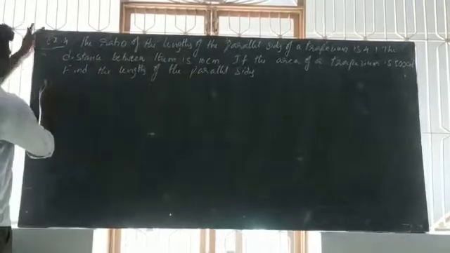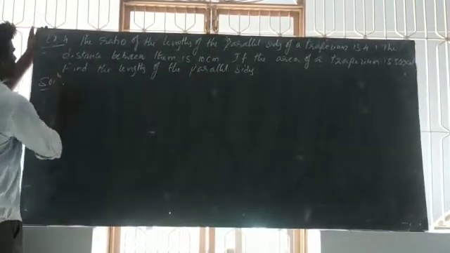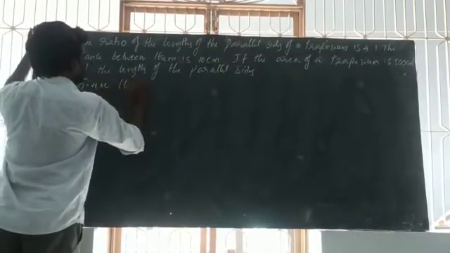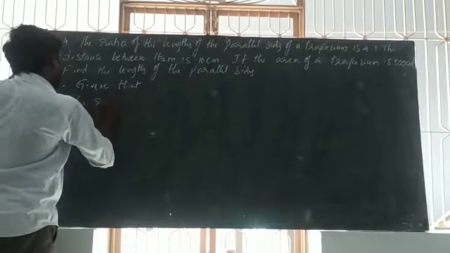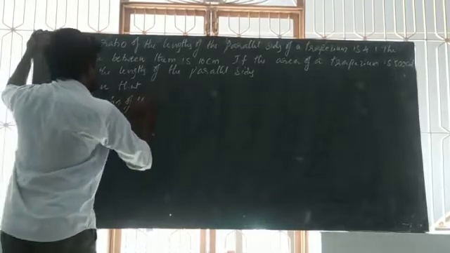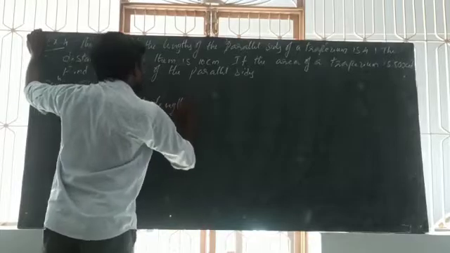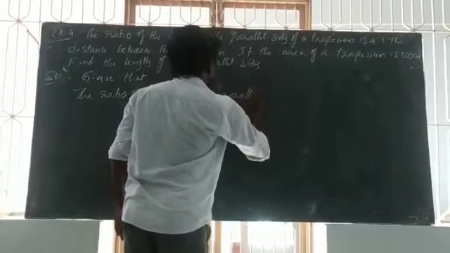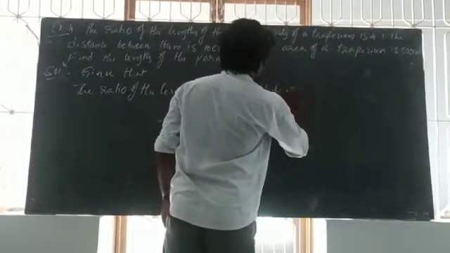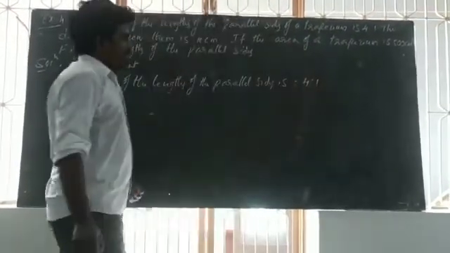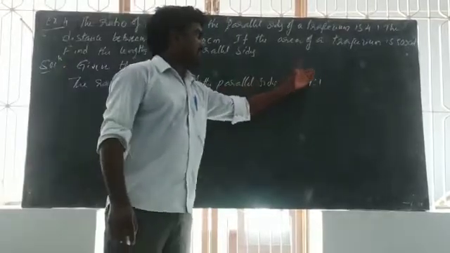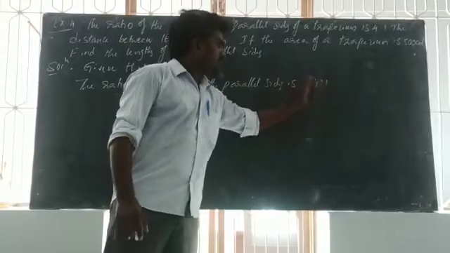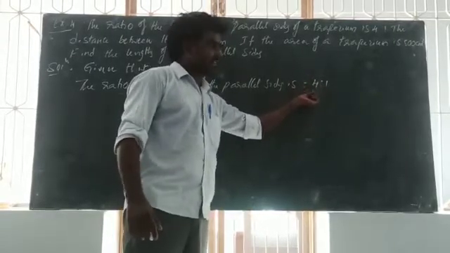Given that the ratio of the lengths of the parallel sides is 4:1. So one parallel side length is 4 parts, another parallel side length is 1 part. How much each part is divided into, we don't know. Let us take that as x.